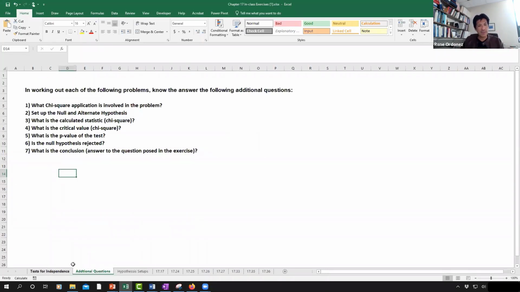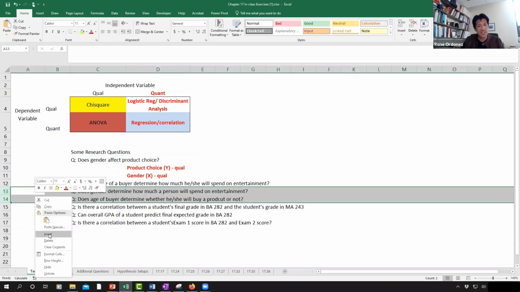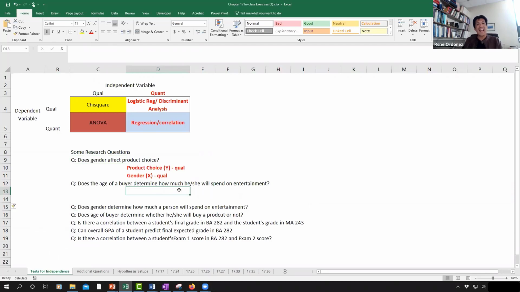So that's the test for independence for the first question. How about the second one? Next question: does the age of a buyer determine how much he or she will spend on entertainment? Here the response variable Y is the amount spent by a consumer on entertainment, which is quantitative.